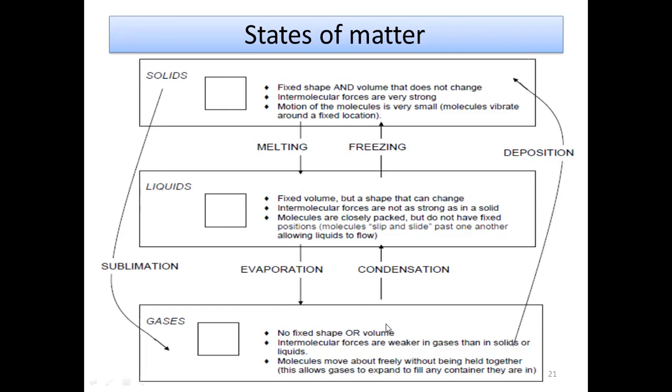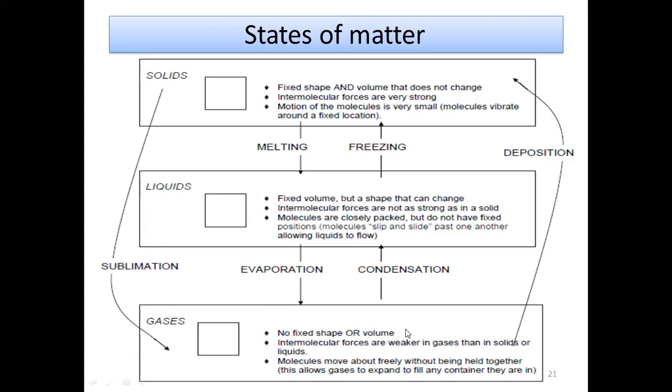Similarly, the volume is also not fixed. As I explained, if you take 1 kilogram of CNG or LPG in a small cylinder or in a big cylinder, the volume of the cylinder would be the volume of the gas, because the molecules are away from each other and spread all over the cylinder.